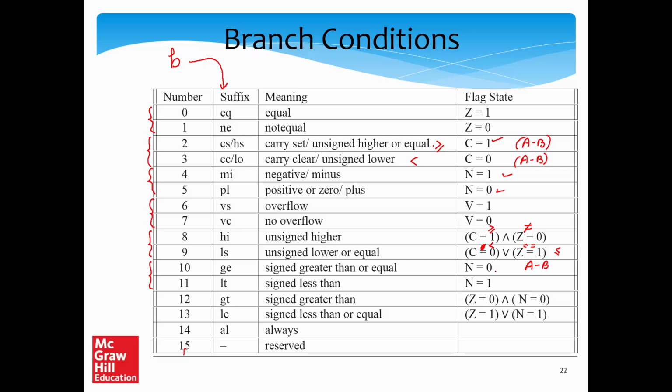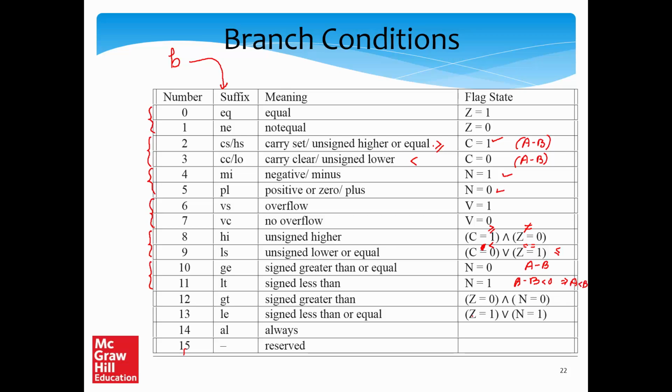If the final result is not negative, then we can say that A is greater than or equal to B. If the final result is negative, we can conclude that A is less than B. This is the same as saying that A minus B is less than 0, which implies that A is less than B.